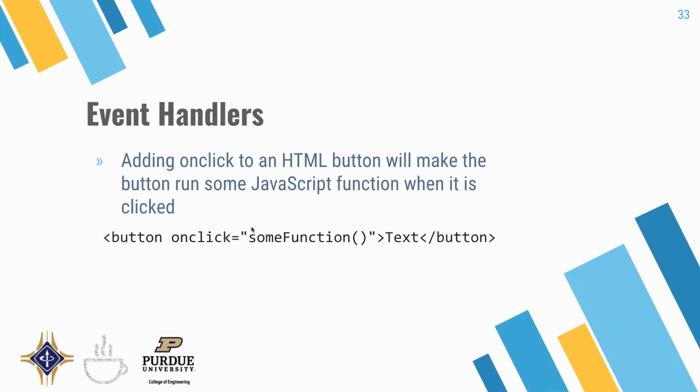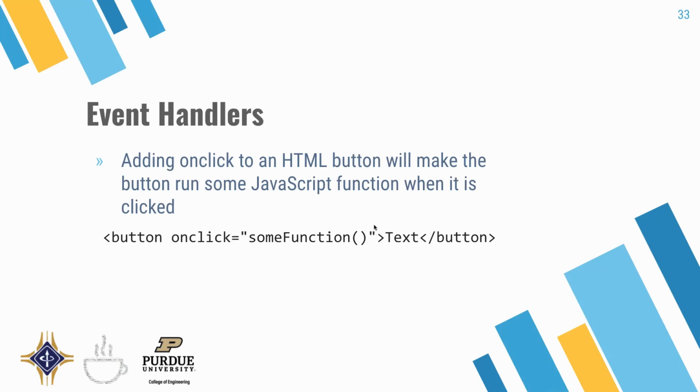And that's where these functions are key. You don't want to put JavaScript in there, but if you put it in a function, you can run that function by putting the function name in the HTML tag. So if you make a button and then onclick, that's a keyword, so when it's clicked, you put equals some function.